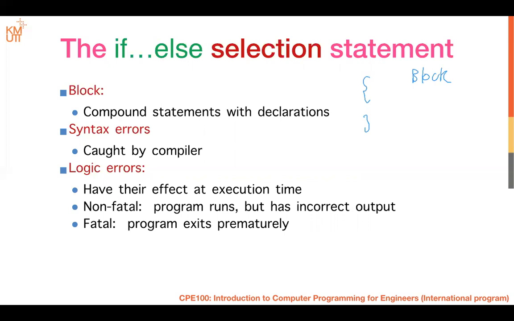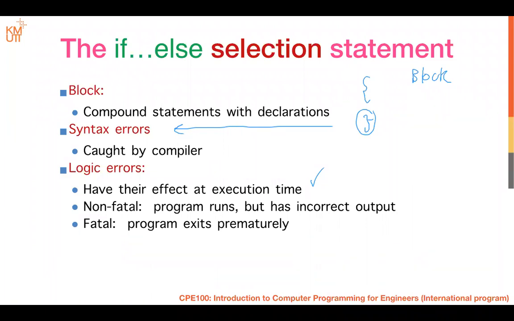If you omit or forget to put this, it will cause a syntax error that can be caught by the compiler. Or sometimes it would be a logic error, which has some effect at execution. As I told you, the execution will be incorrect once you print out something that you missed.